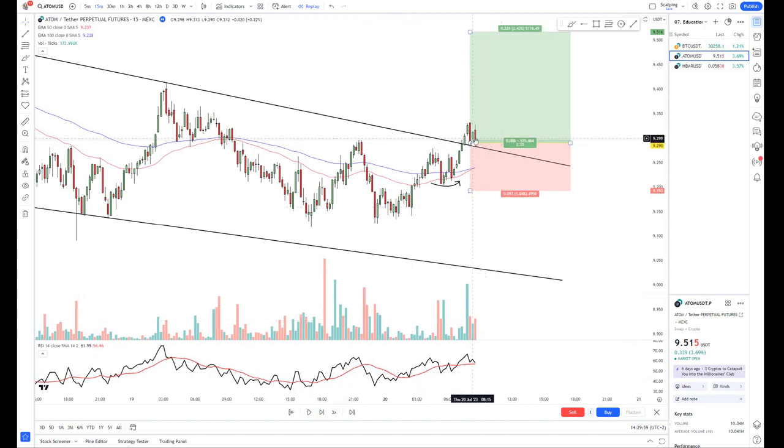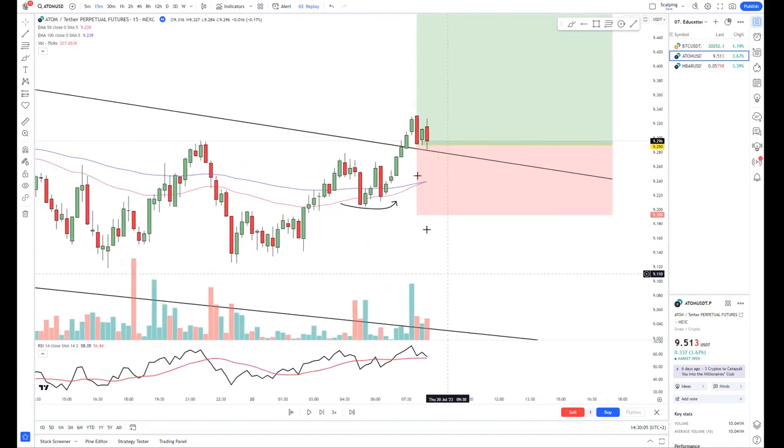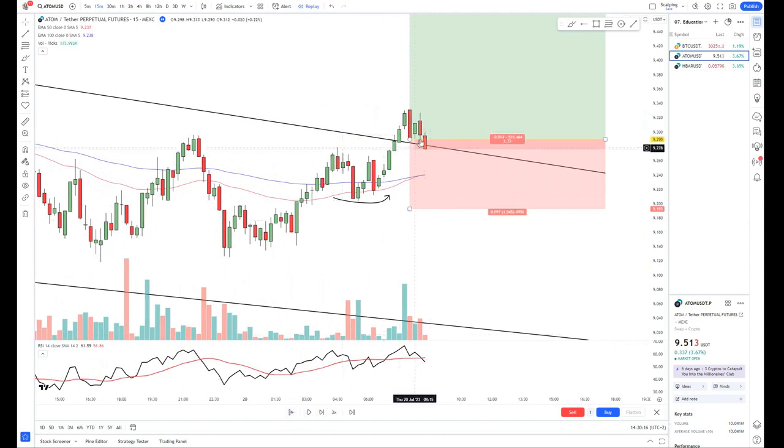And as you can see here, we already entered the trade on this candle. Let's make it a bit bigger. We already entered at this green candle. The next candle was red. Then you can see we move back in just under the trend line, but we close above, so nothing to worry about.